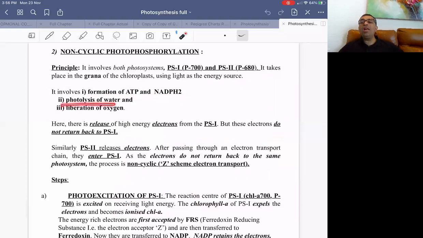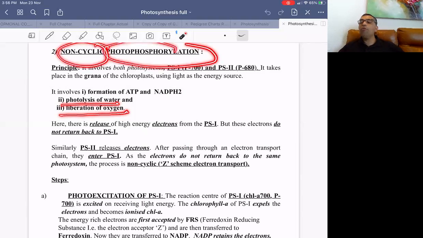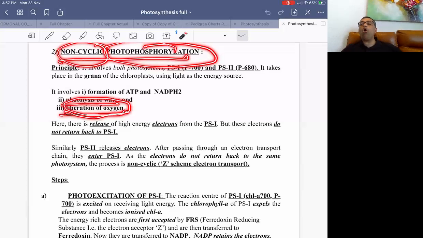There is photolysis of water, light-induced breakdown of water and liberation of oxygen. तो ऑक्सीजन जो इवॉल्व होता है प्लांट्स में से, और वो ऑक्सीजन जो हम ह्यूमंस यूज करते हैं, ये ऑक्सीजन प्लांट्स में कौन से प्रोसेस में इवॉल्व होता है? ड्यूरिंग नॉन साइक्लिक फोटोफॉस्फोराइलेशन. तो थैंक गॉड प्लांट्स में नॉन साइक्लिक फोटोफॉस्फोराइलेशन होता है. उस प्रोसेस में there is liberation of oxygen which is used by all living organisms for the purpose of respiration. Breathing के लिए वो प्रोसेस में काम आता है.